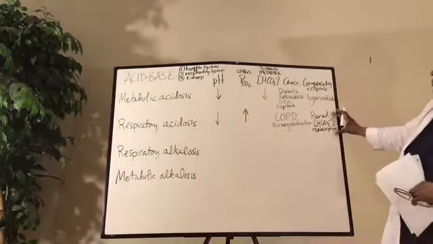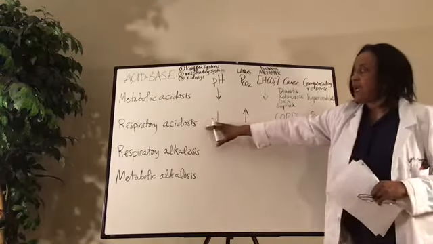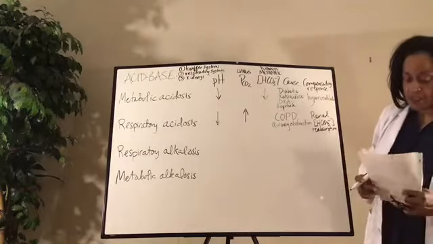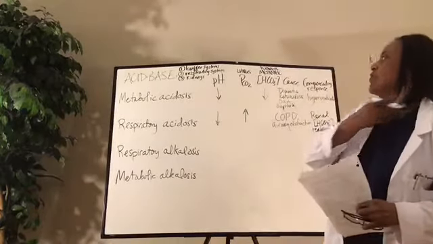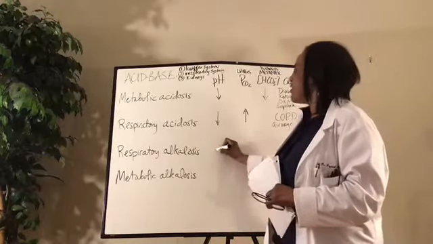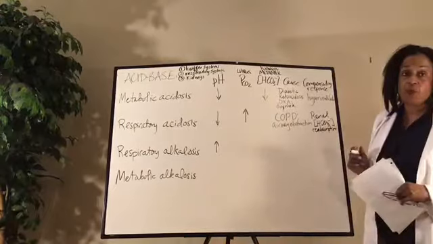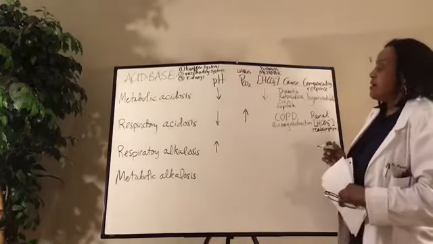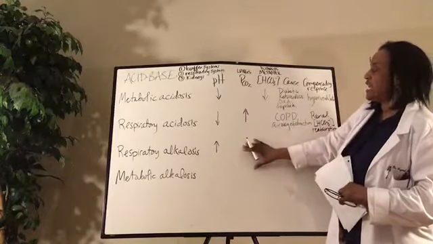And if you reabsorb it, take it back into the body, it can neutralize this acid that is going on with the respiratory. Let's look at respiratory alkalosis. When a person is alkalotic, the pH should be increased, greater than 7.45. It's respiratory, so we look in the lungs.